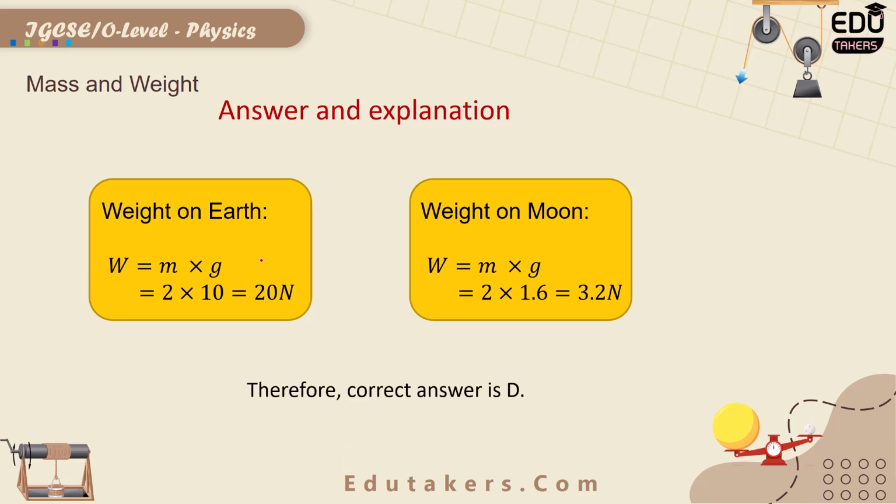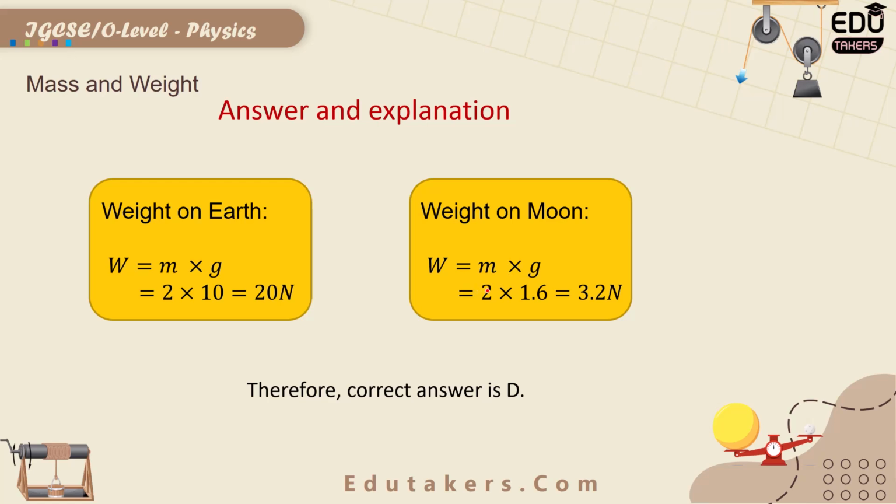Here you can see the weight on Earth. It equals mass times g, which is 2 times 10. So the weight on the surface of Earth comes to be 20 Newton. Similarly, the weight on the Moon is 2 multiplied by 1.6, because 1.6 is the gravitational field strength, which is 3.2 Newton.